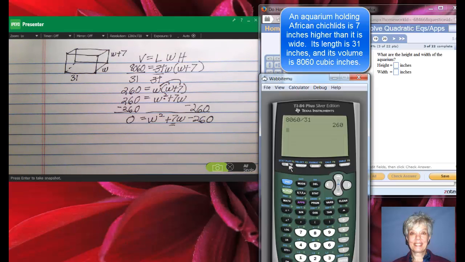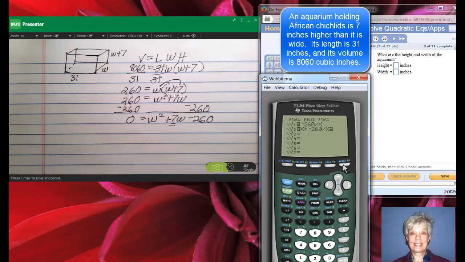So I go here, and I clear, and I clear, and I go back up to Y1, and I say negative 260 divided by x, and then down to Y2 we'll have x plus negative 260 divided by x.